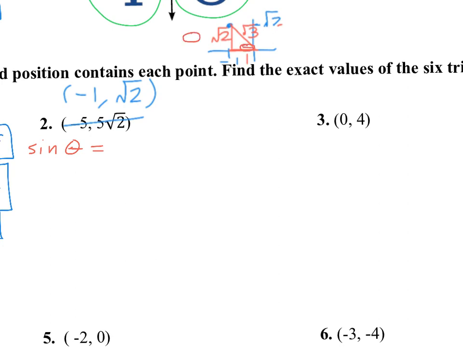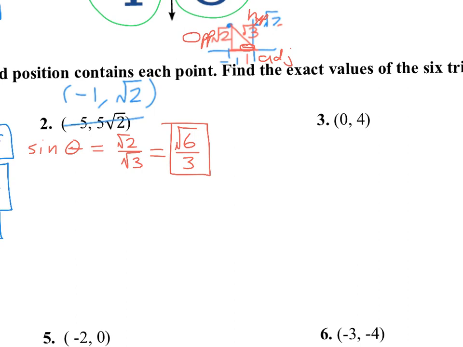This will be opposite, this will be hypotenuse, and the 1 will be the adjacent. Okay, so opposite over hypotenuse, and we rationalize that by multiplying by rad 3. We get rad 6 over 3.